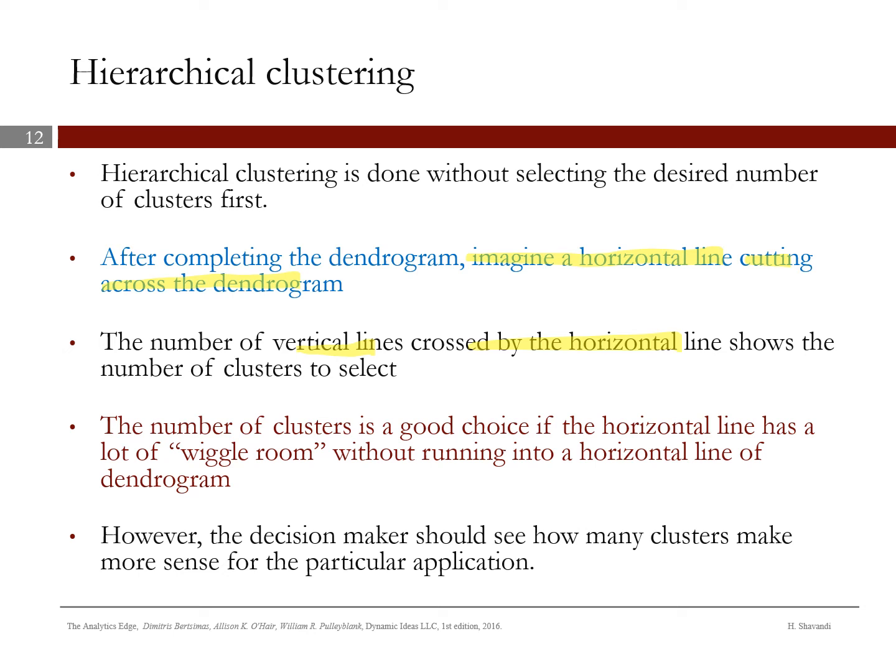A criterion to obtain a desired number of clusters is this: a good choice is if the horizontal line has a lot of wiggle room without running into a horizontal line of the dendrogram. I'll show this on our example. But at the end, the decision maker should see what number of clusters would make more sense in that particular application.